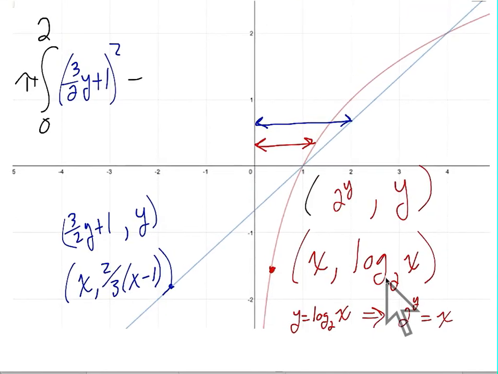So now to finish the integral, the inner radius is going to be 2 to the y minus 0, or 2 to the y, squared.